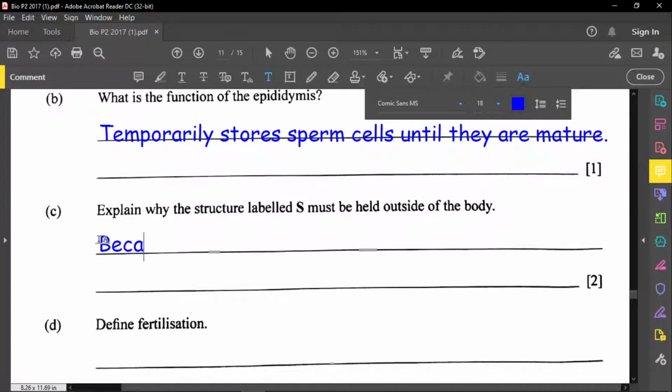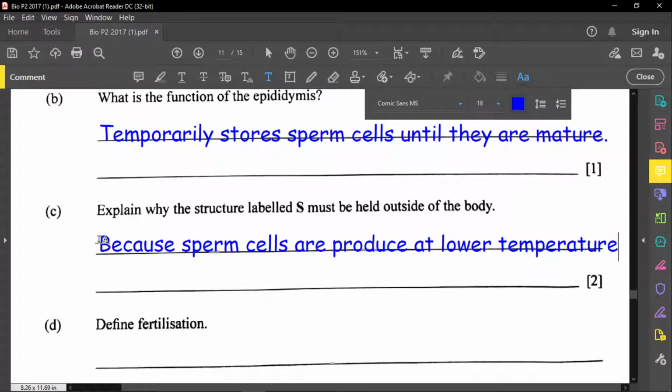So this is because sperm cells are produced at lower temperatures. The temperature is only slightly lower, really, about 1 degree lower than the body.